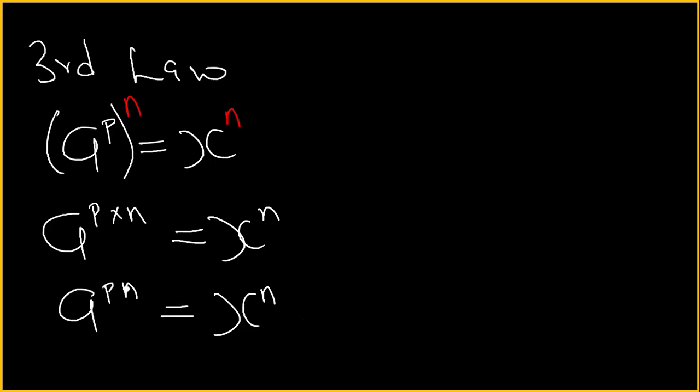This same index equation can be written in a logarithmic form. So a raised to the power pn equals x^n can be written in the log form, log of the result x raised to the power n to our base a is equal to the power pn.